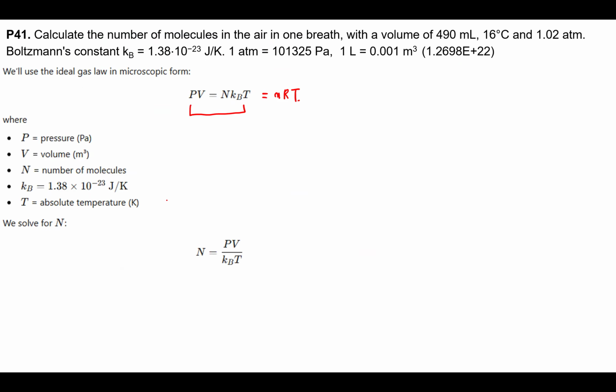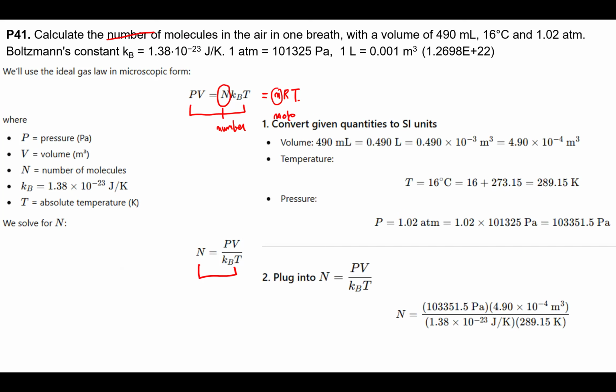So we have all the quantities, and the number of molecules can be found. Here n is the mole number, and then you can find the number of molecules N.